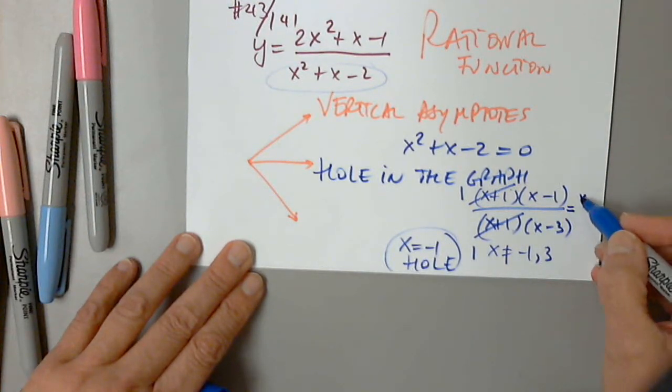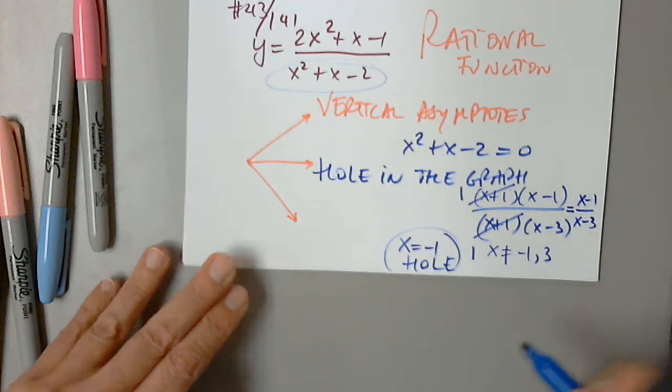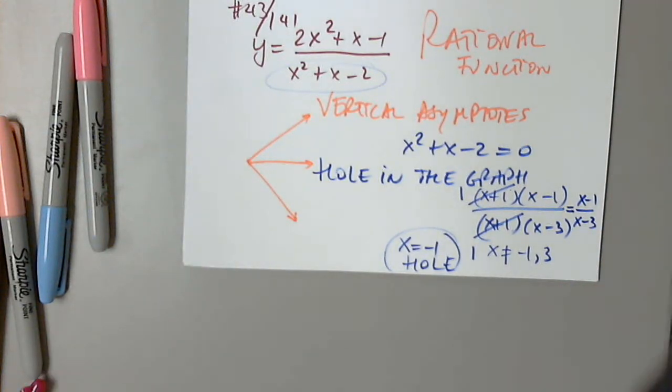The simplified form is x minus 1 over x minus 3. The factor in the denominator that stays remains as a vertical asymptote. But x equals -1 is not a vertical asymptote, because that factor in the denominator was removed with an identical factor from the top.